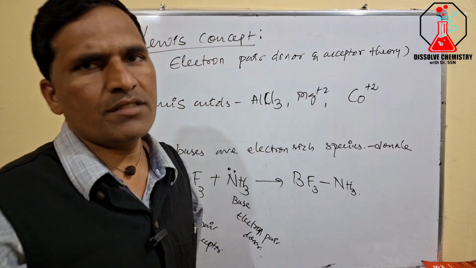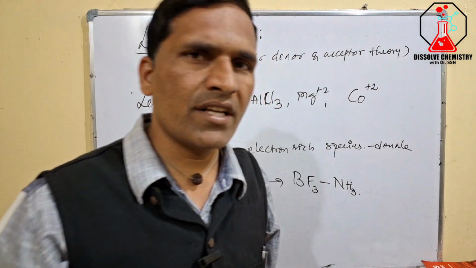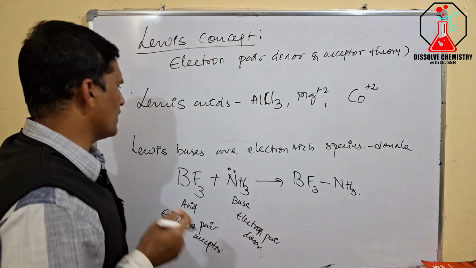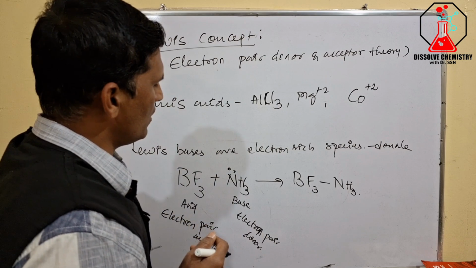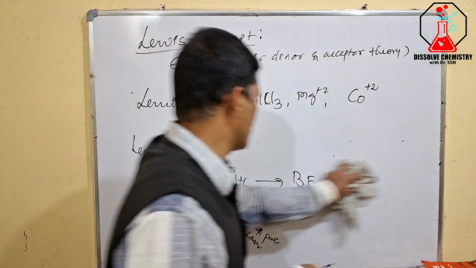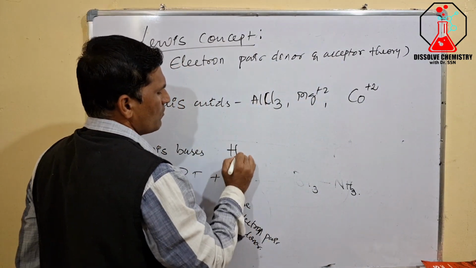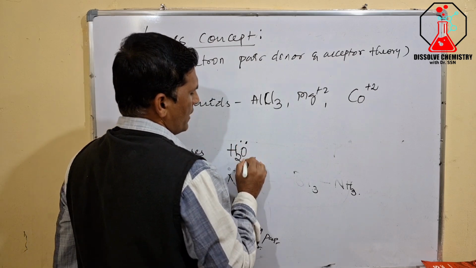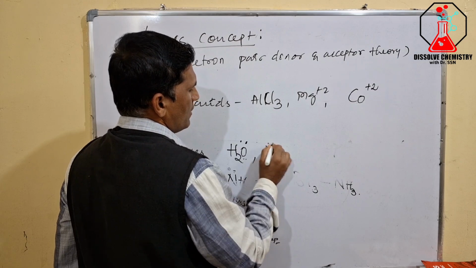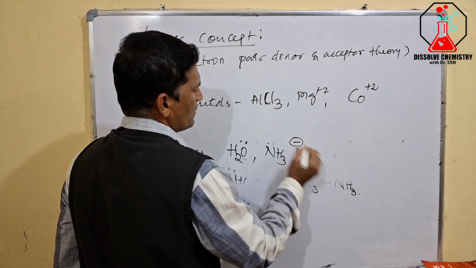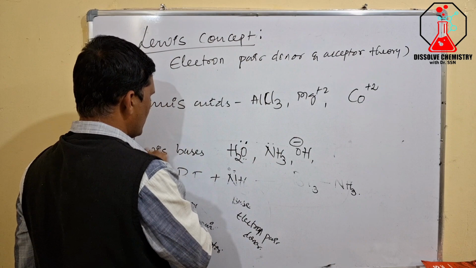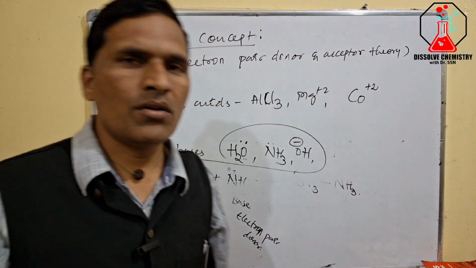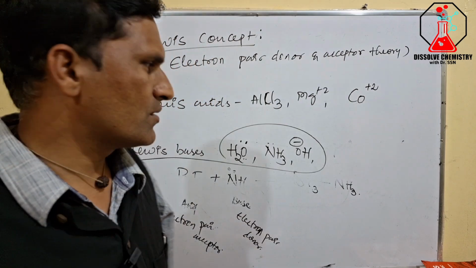Any electron deficient species which is in need of an electron pair, we call a Lewis acid. Similarly, Lewis bases are those compounds like your water molecule, ammonia, and OH minus. These are all called Lewis bases, because they have an electron pair and can readily donate it.